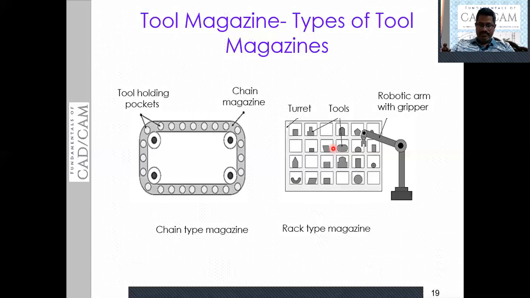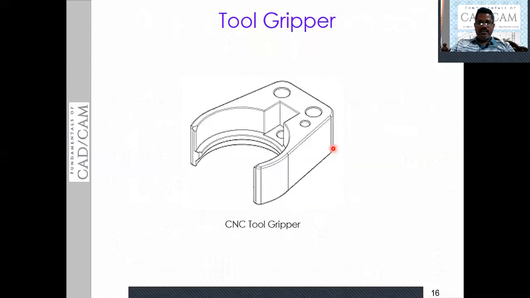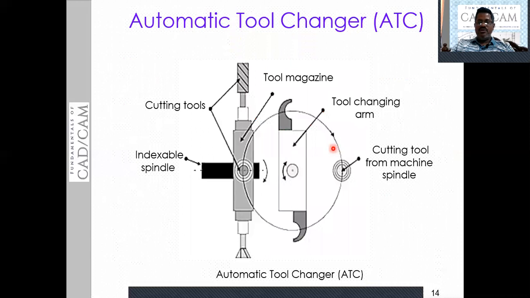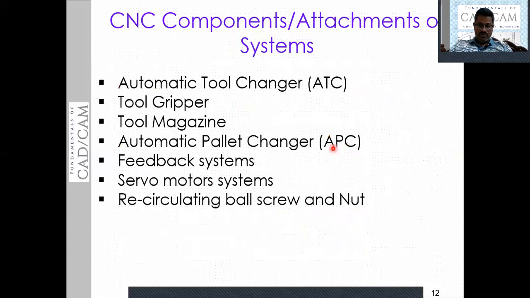We also discussed the gripper and its function, and the functionality of the automatic tool changer, and what happens to production when you use it.